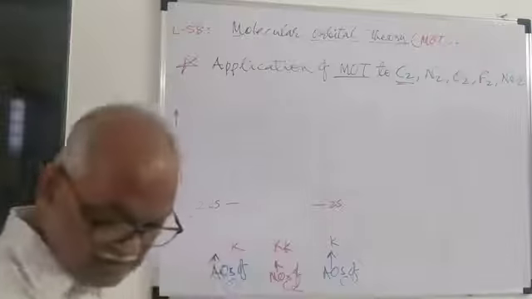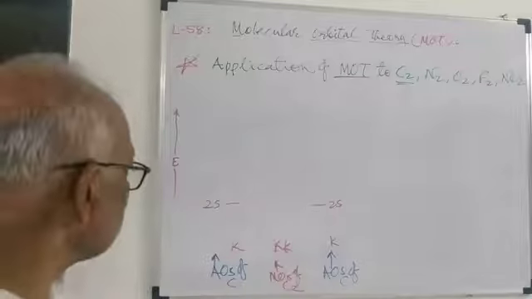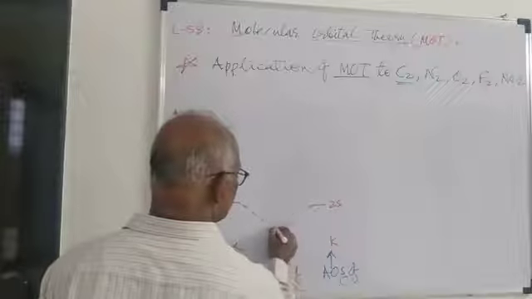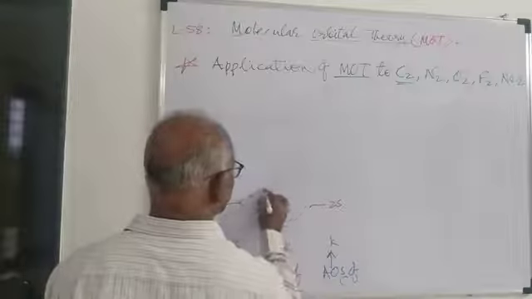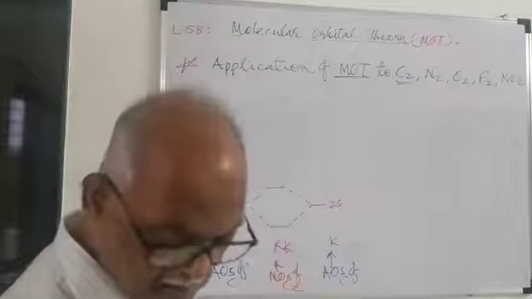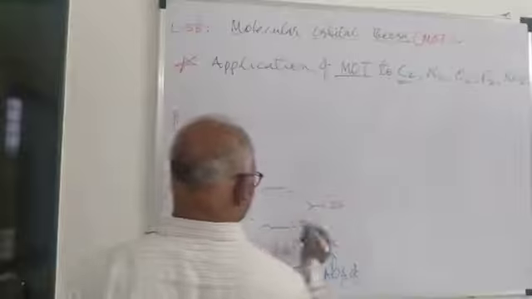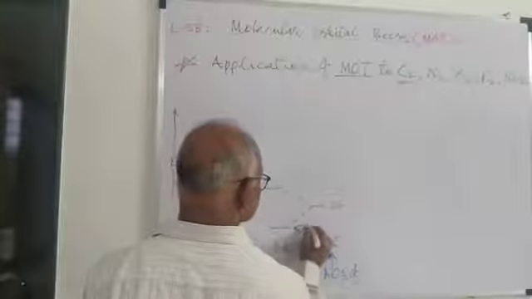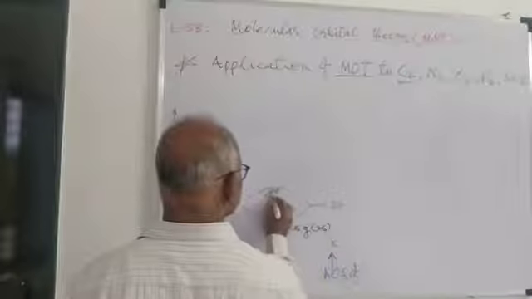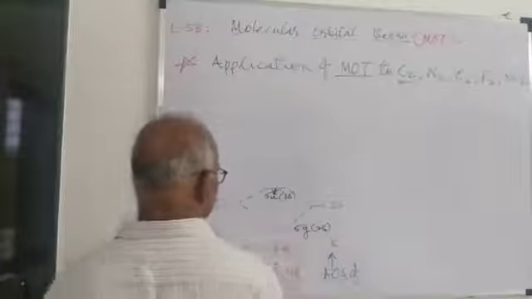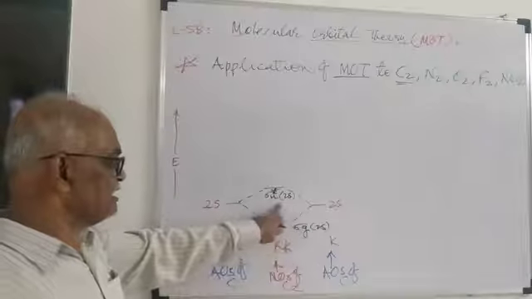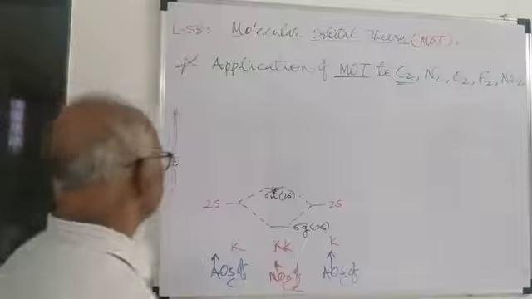After linear combination of these two 2s atomic orbitals, you will have the bonding molecular orbital, sigma g 2s, and the anti-bonding molecular orbital, sigma star u 2s.